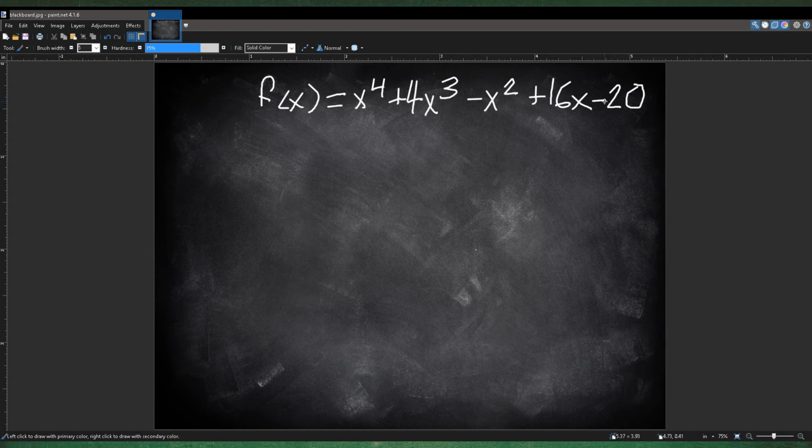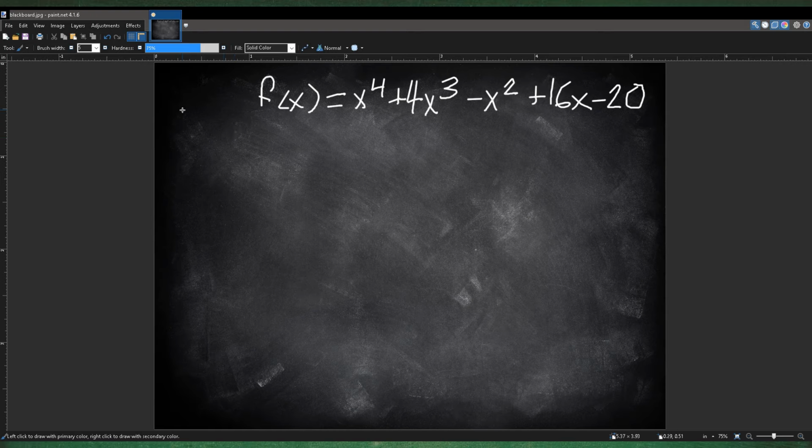First we use the rational zeros theorem, which tells us that the possible zeros are the factors of negative 20 over the factors of 1. The factors of 1 is just 1, so what we only need to look for is the factors of negative 20.